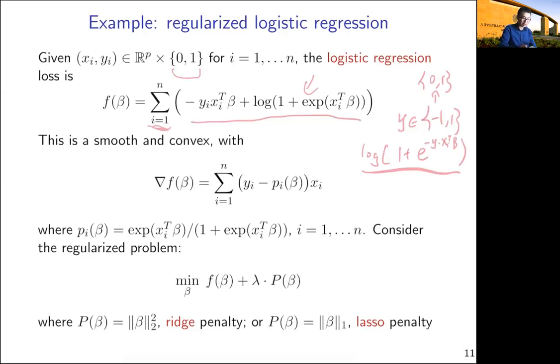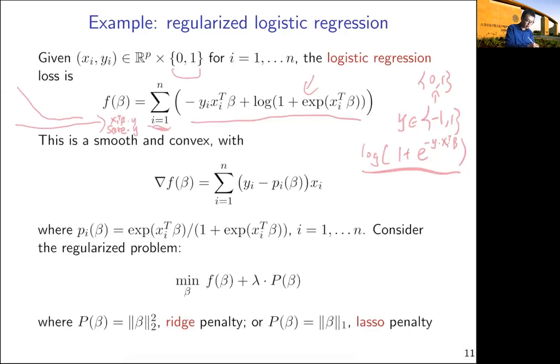And what does this loss function look like? The logistic loss looks like the following. The horizontal axis is the score function. The score function in this case is xi transpose beta, multiplied with the true label.